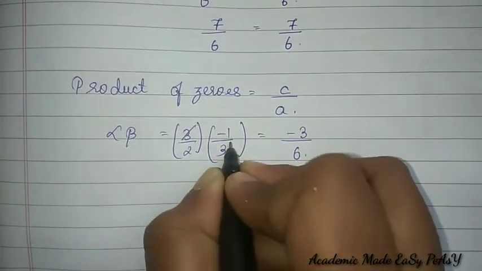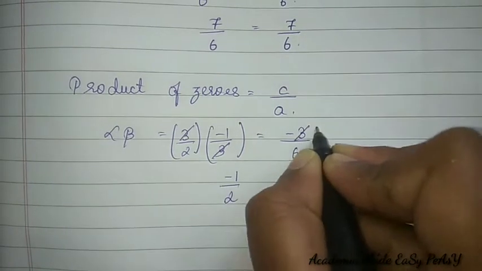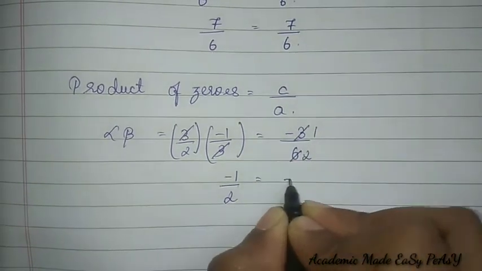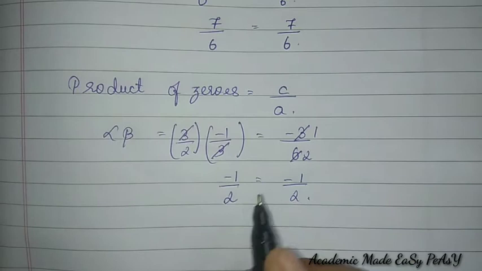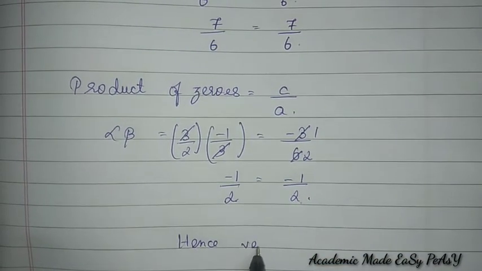So this 3 and 3 will get cancelled. So I will have minus 1 by 2, and here also 1 times 2, so it is equal to minus 1 by 2. So therefore LHS is equal to RHS, hence verified.